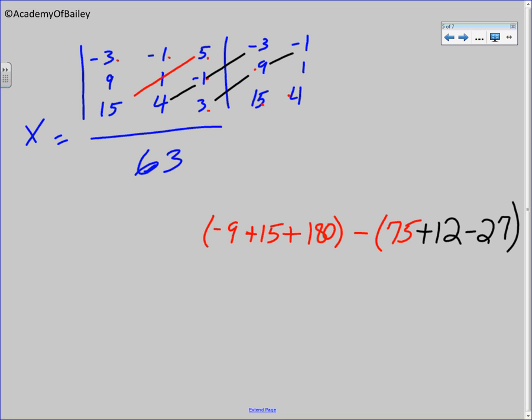So now let's figure out what this is. We're looking at 186 minus 75 and 12 make 87, minus 27 should give us 60.